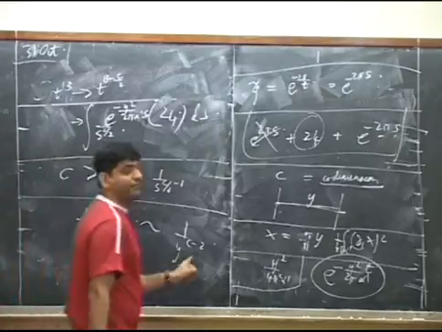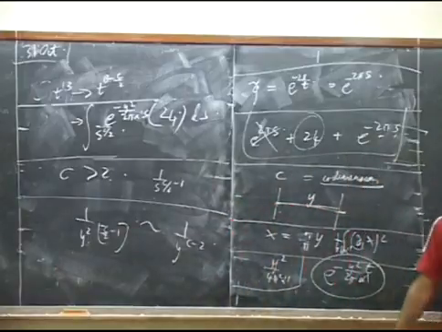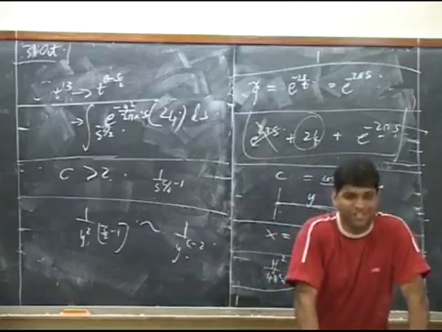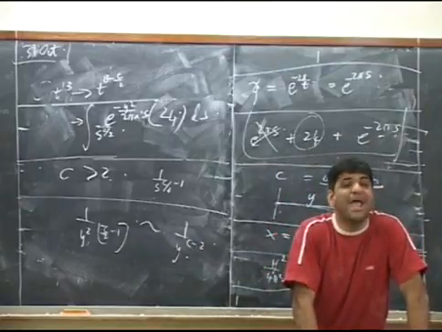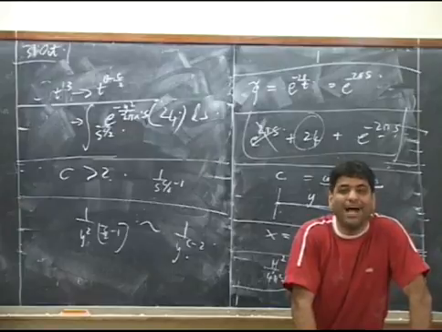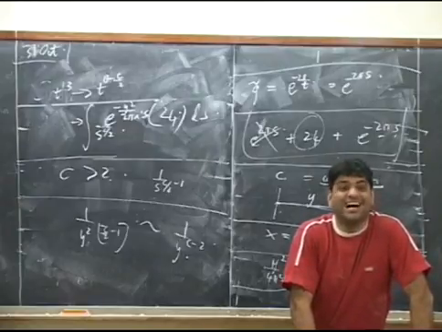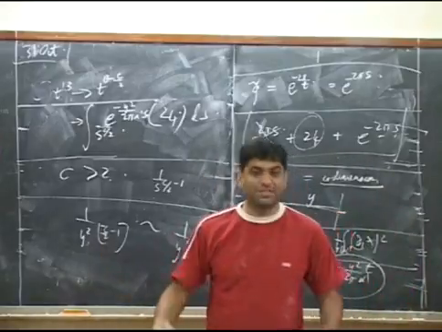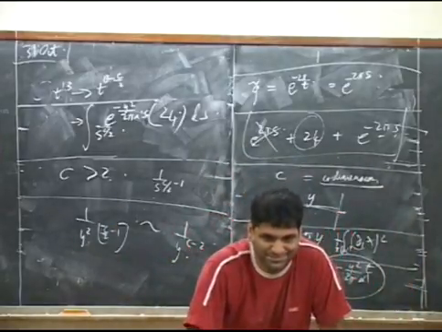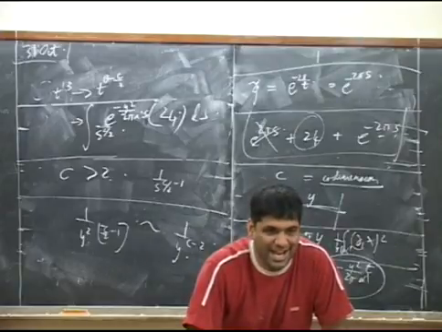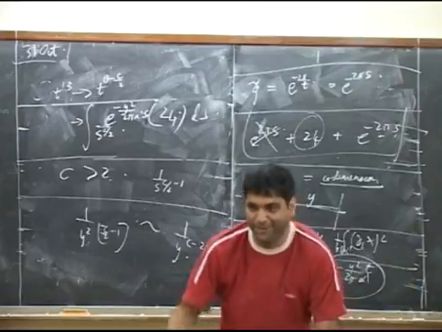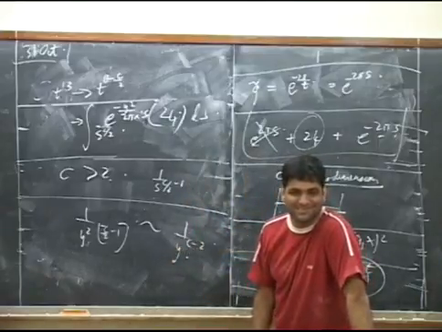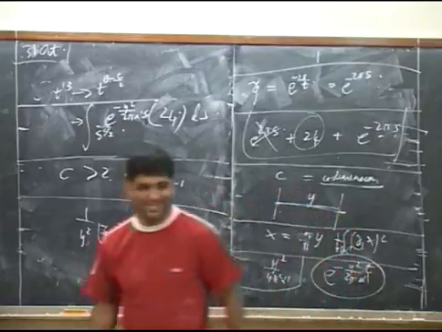Now, this is a perfectly reasonable answer. Why? Because this is the dependence on y of the Green's function of del squared in a c-dimensional space. In 3-dimensional space, the Green's function of del squared is 1 by r. In a c-dimensional space, it is 1 by y to the power c minus 2.